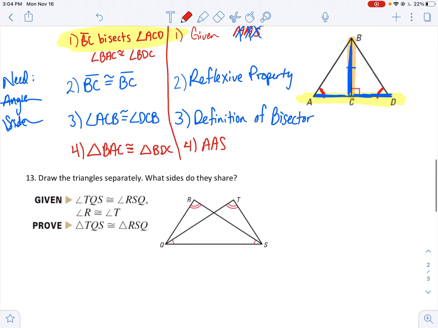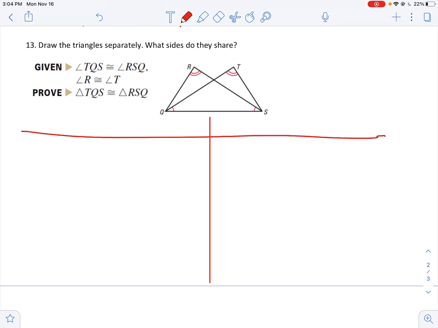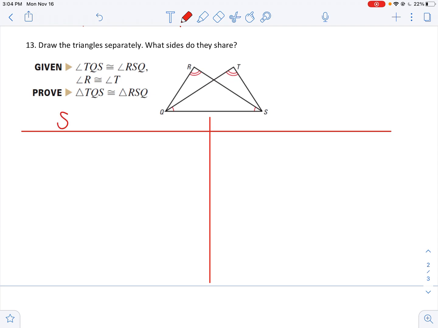And our last proof, why don't you guys try this one on your own, see how it goes, and then unpause the video and check your work. So here's my statements. Here's my reasons.